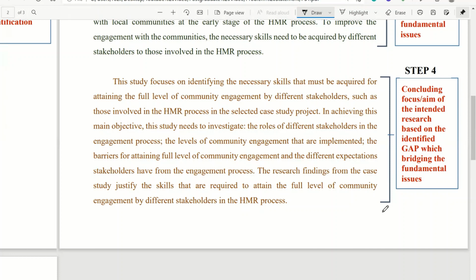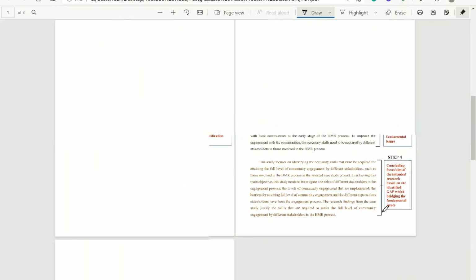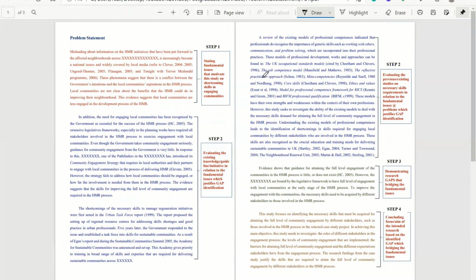Due to that, the examiners, when they are reviewing or reading the problem statement writing, will look at these 4 components. The first step is to look at the fundamental issues that underpin the study. The second step that the examiner will search for is the existing knowledge that is made known for this study.